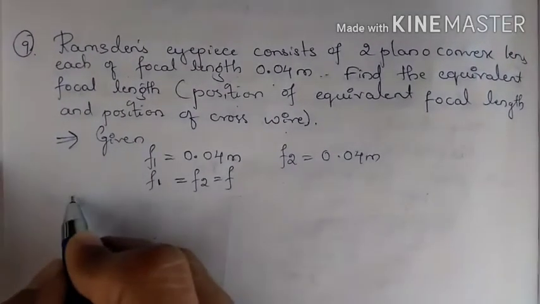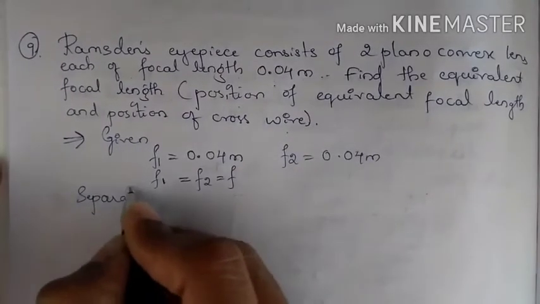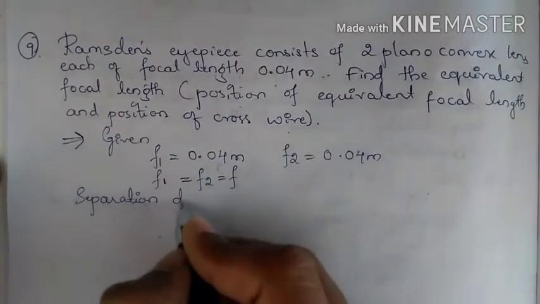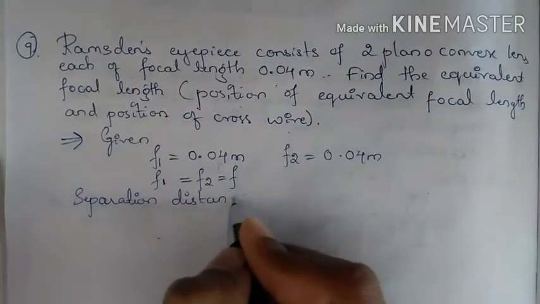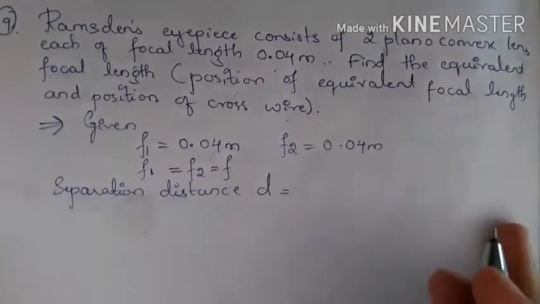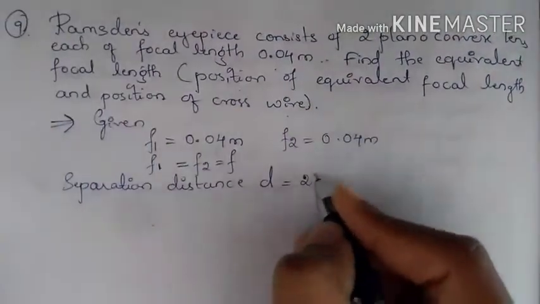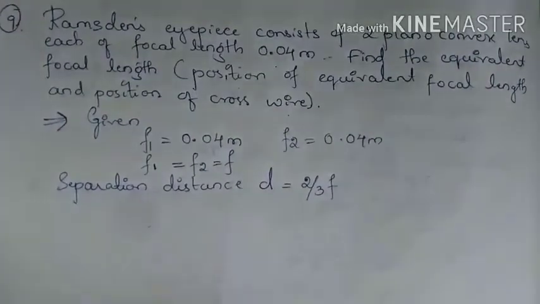Now we have to find the separation distance d, the separation between the two lenses. So d is 2 by 3 f.